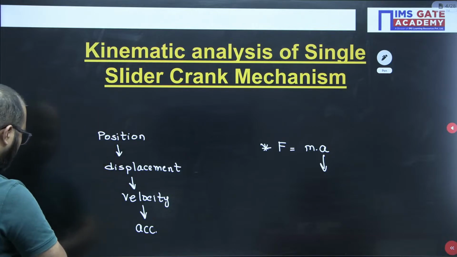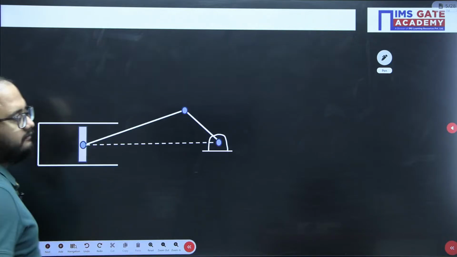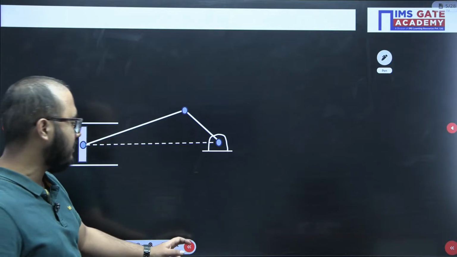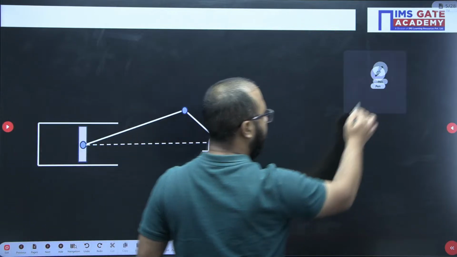So first of all, we'll start with the kinematic analysis. Let's suppose this is our single slider crank mechanism. Now let us mention all the members here.